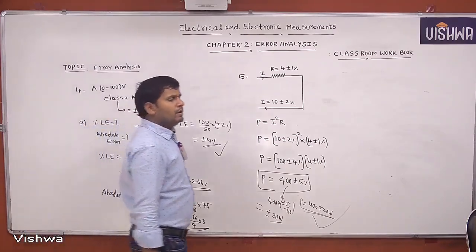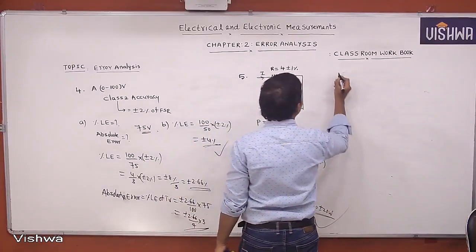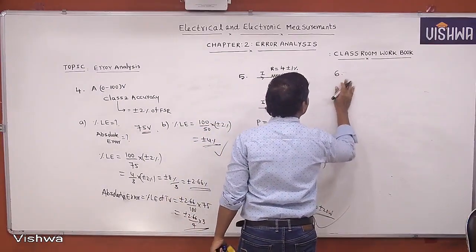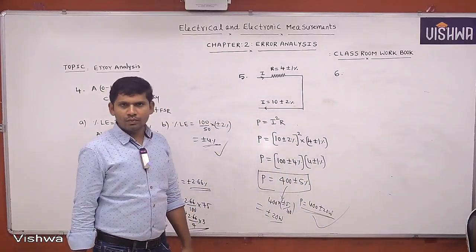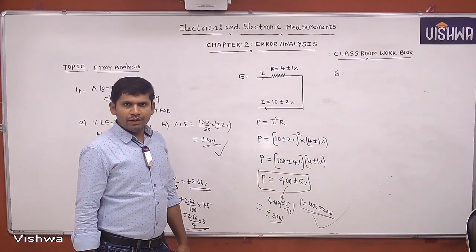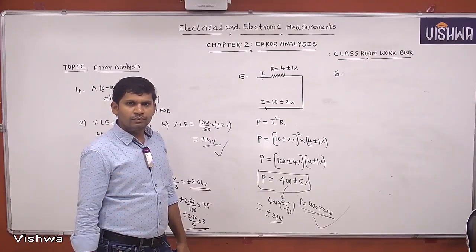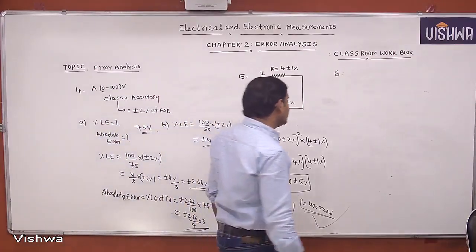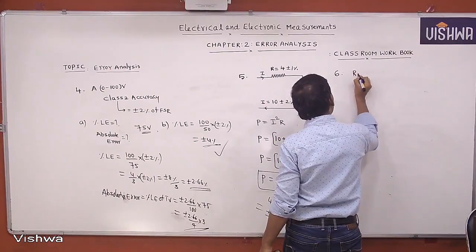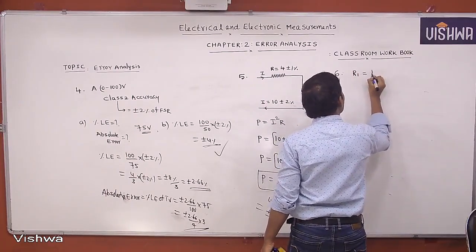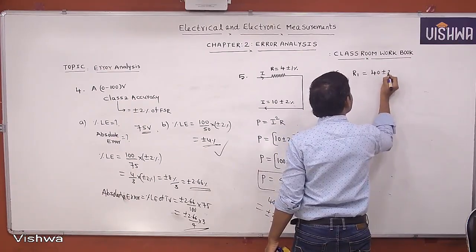See the question number 6. What is given? Read the question. Three resistances are given. R1 equal to 40 plus or minus 2%.